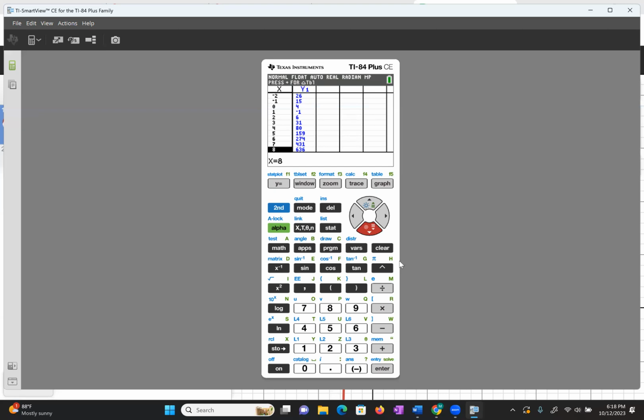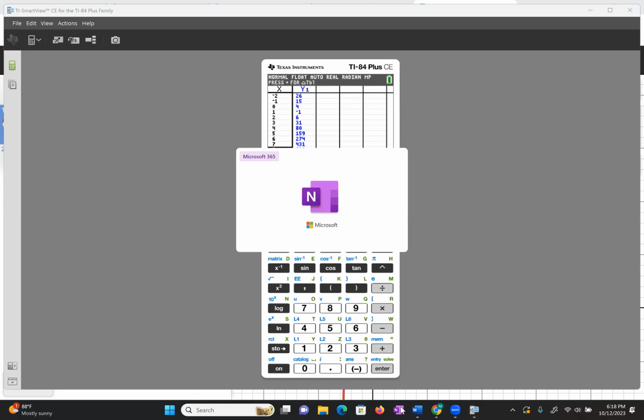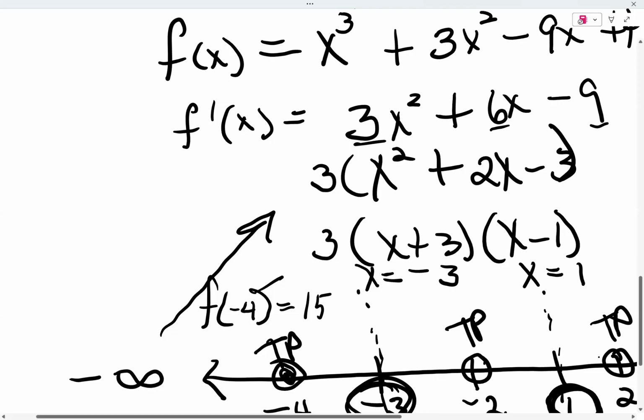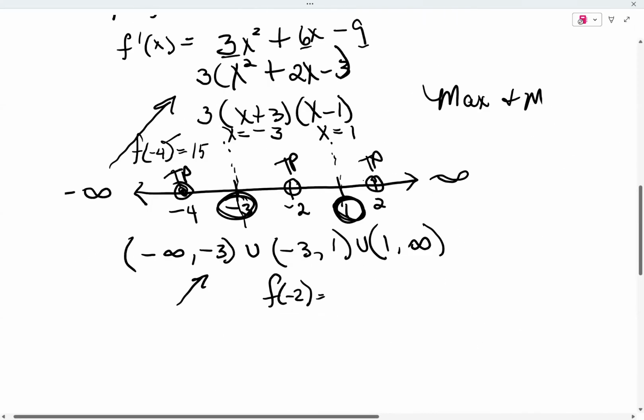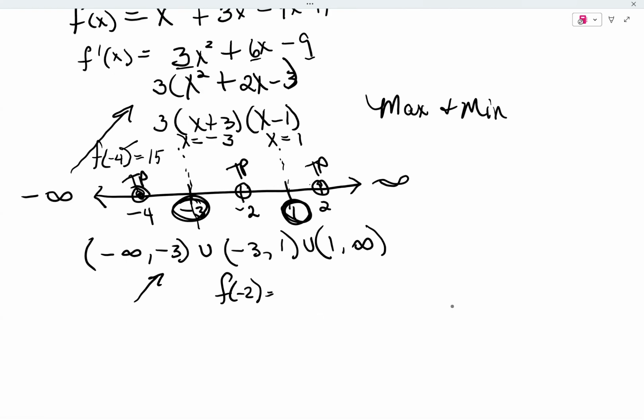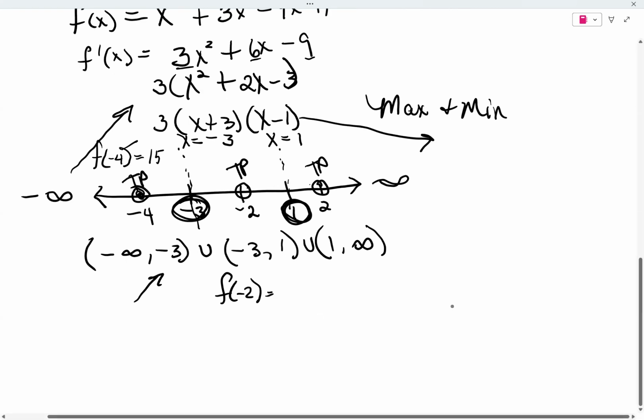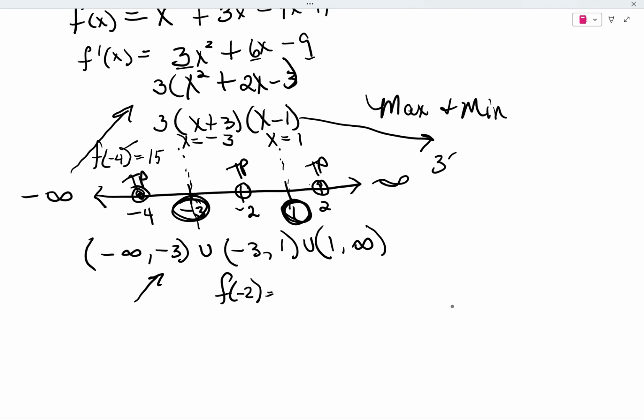So anyway, with that said, if you go back, let's use the derivative instead. I'm going to go with 3 parentheses negative 4 plus 3 as one example, negative 4 plus 1. And I work that out.